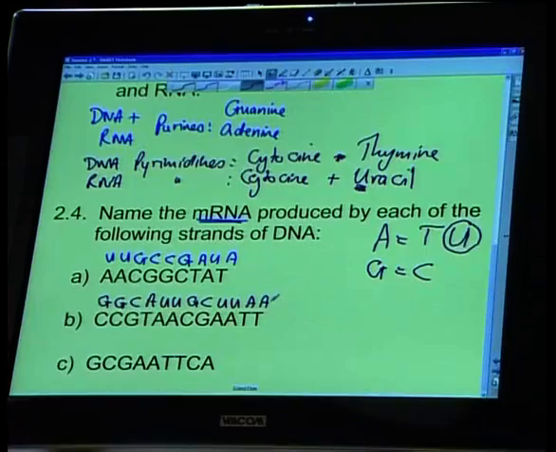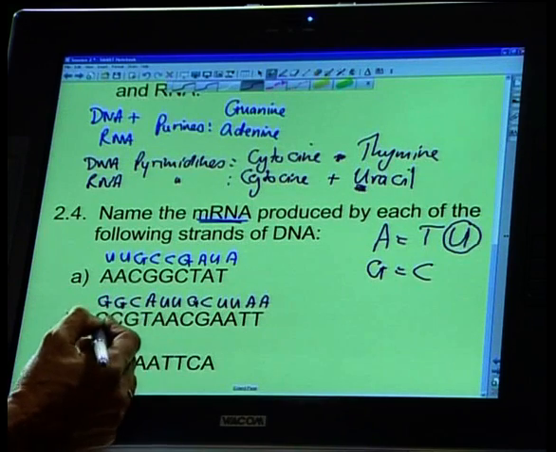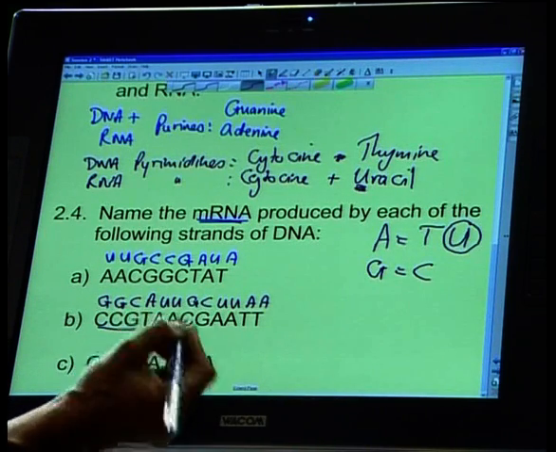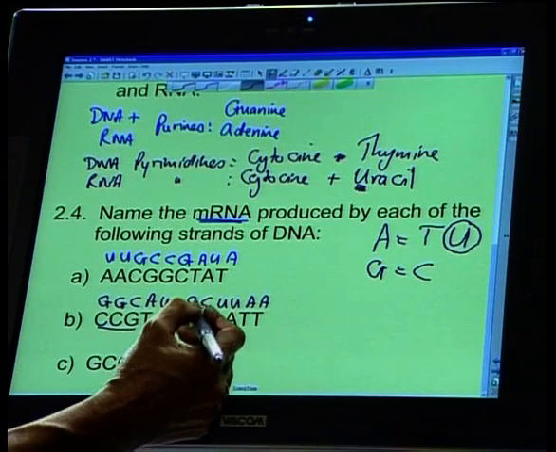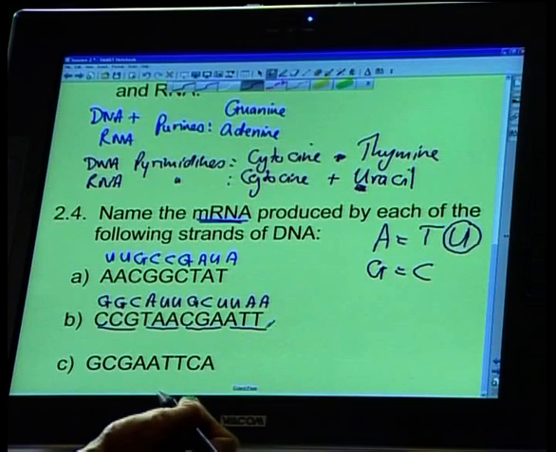You ready? Okay, have a look. It will be GGC. There's one triplet. TAA, which will be AUU, GCU, and UAA. You got it?